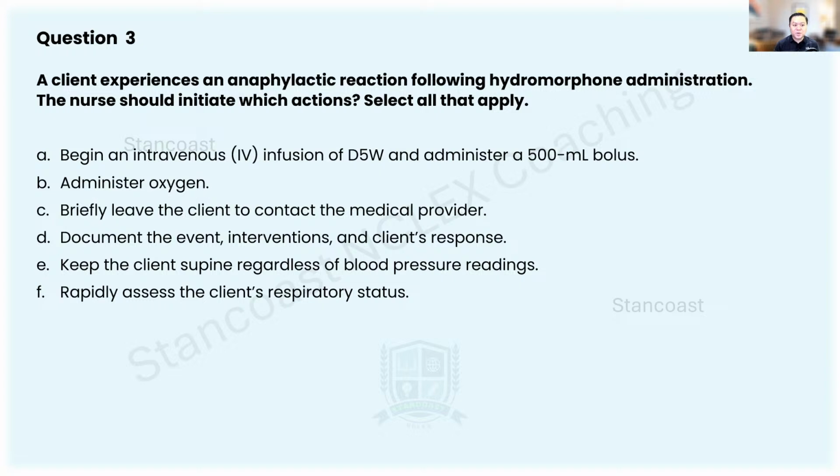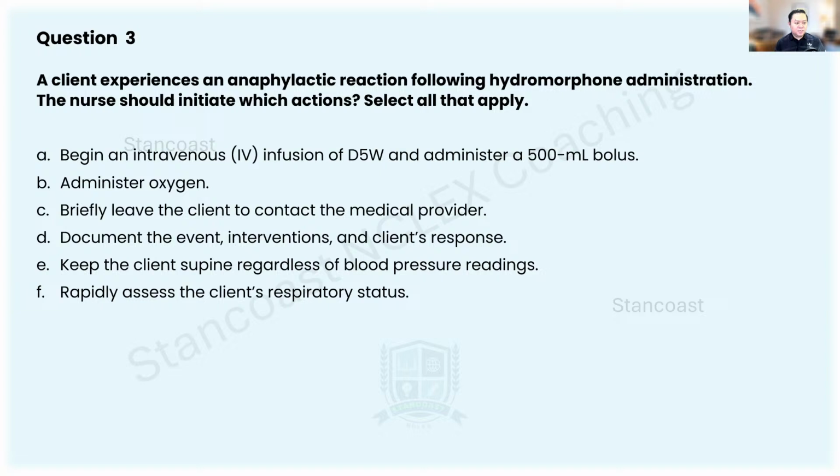Again, the situation is on a patient developing anaphylactic reaction following hydromorphone. So what are the nursing actions that you should utilize for this patient? Are you going to do A, B, C, D, E, F? Which one? Okay, I'm seeing BDF from Mary.